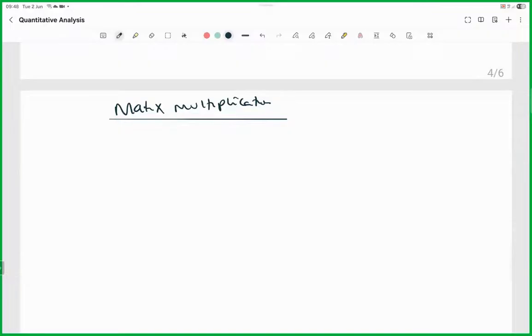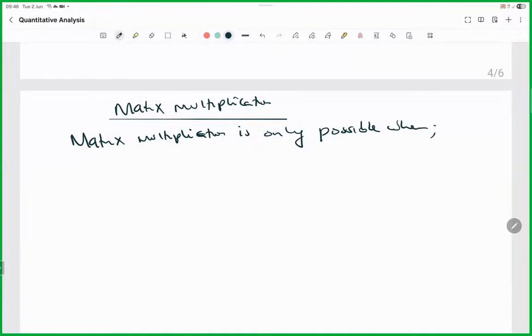Matrix multiplication is only possible when m times n and n times p matrices are involved. When multiplying two matrices, the inner numbers, this n, must be the same for the two matrices to be compatible.